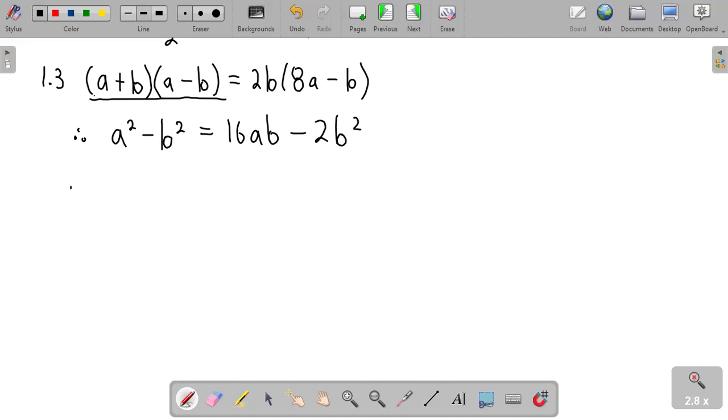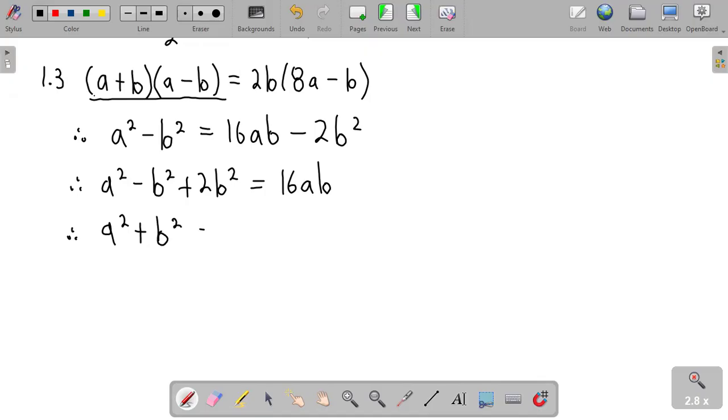So then it's going to be a squared minus b squared plus 2b squared equals 16ab. So this means, therefore, because negative b squared plus 2b squared is going to be b squared, a squared plus b squared equals 16ab.